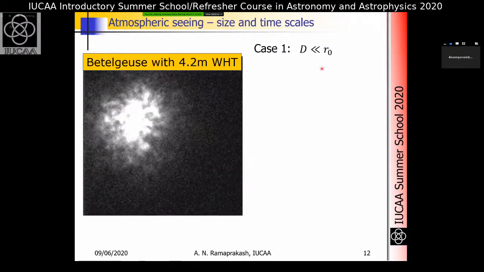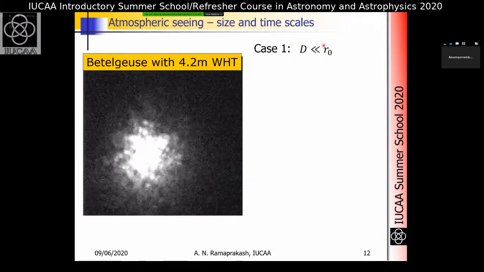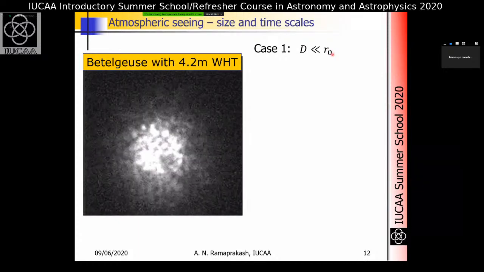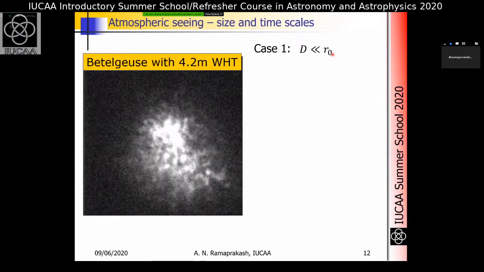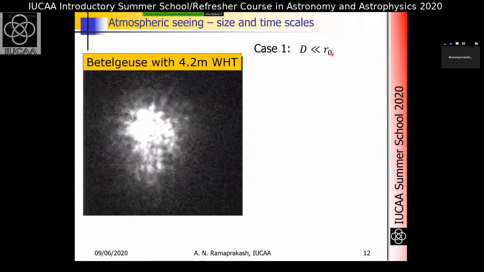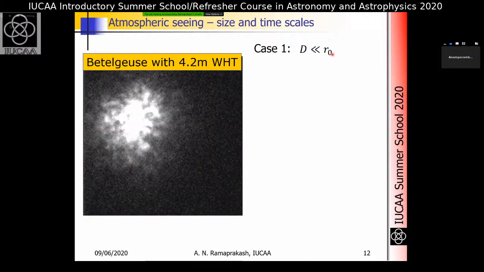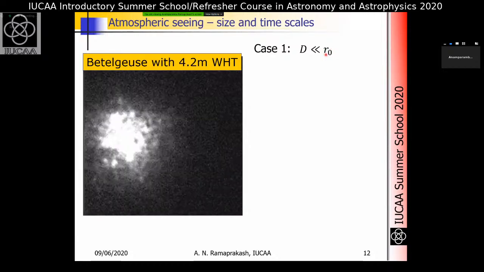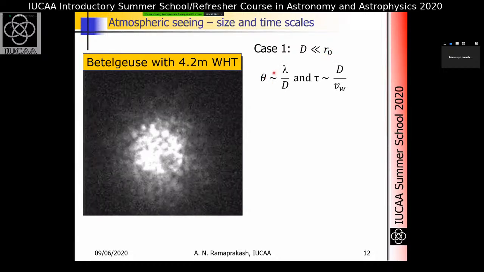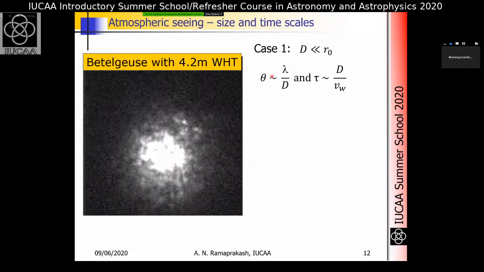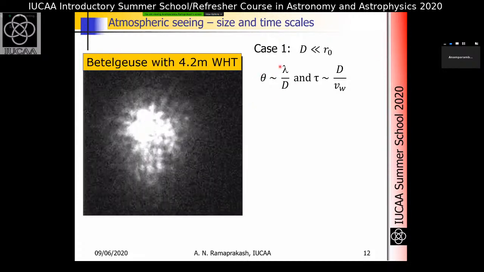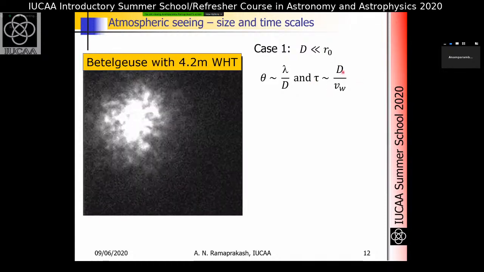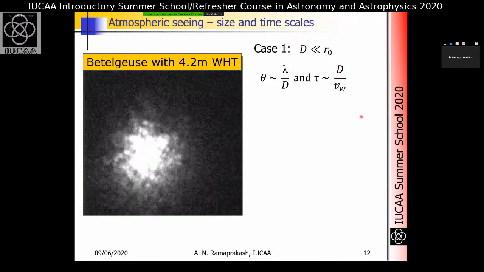So in the case where the diameter of the telescope is much smaller than R0, as it's called, the Fried parameter, which captures the size of the smallest eddies in the atmosphere, the angular width will be given by lambda over D, and the time scale over which this would change is given by the diameter of the telescope divided by the wind velocity.